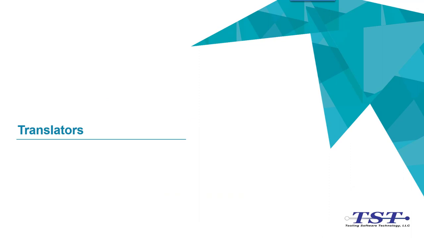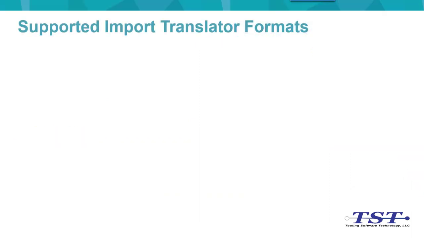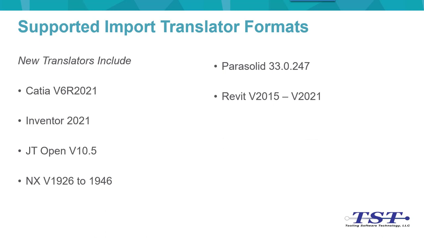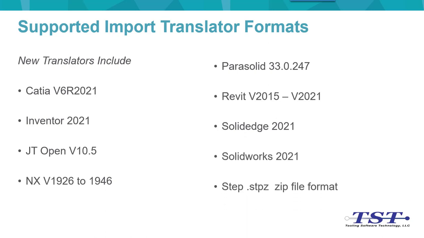So we'll go into some of the new translators within this version. Some of the new supported import translators include CATIA v6 2021, Inventor 2021, JT Open version 10.5, NX versions 1926 to 1946, Parasolid versions 33.0.247, Revit engines from version 2015 to 2021, Solid Edge 2021, SolidWorks 2021, and the new ability to import STEP zip files.